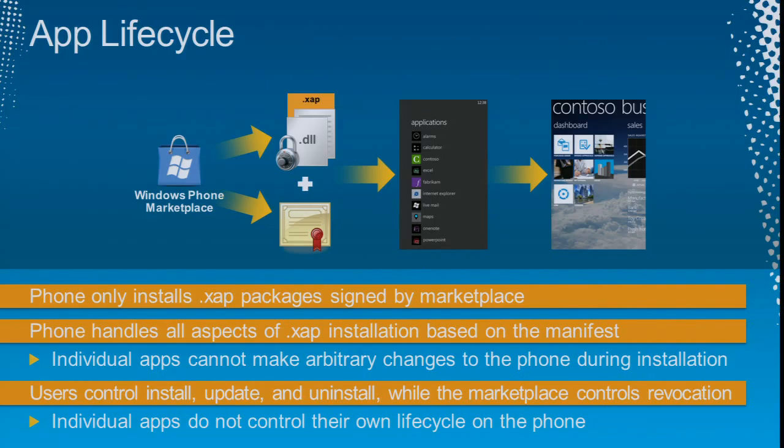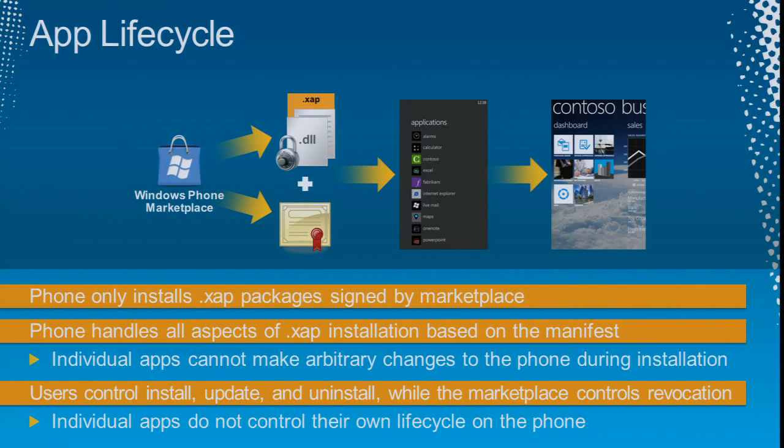So the users can control when the install, update, and uninstall happens anytime they like, except in the case of a revocation event. This is important because in previous versions of the platform, you were not allowed to uninstall certain applications. But in this platform, the user is able to initiate installs, updates, reinstalls and uninstalls anytime they like.